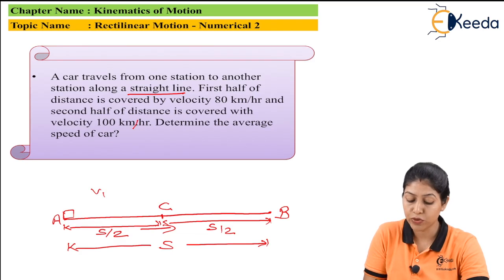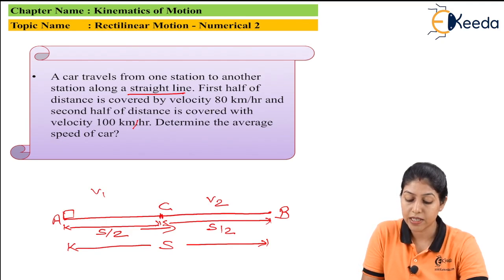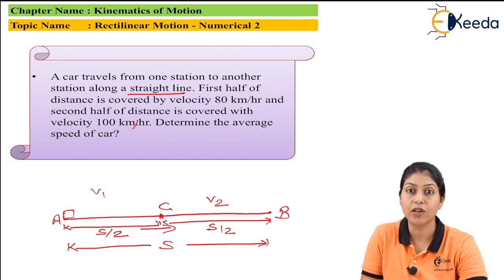So for A to C, the velocity is V1, which is 80 km per hour, and the velocity after the midpoint C for the second half of the distance is V2, which is 100 km per hour.